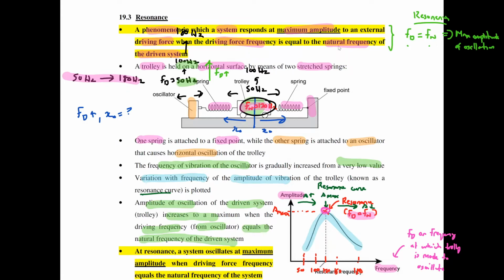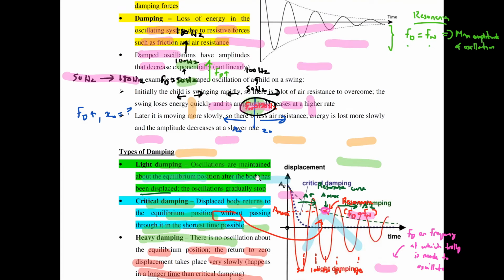Increases to a maximum refers to this part here. So at resonance, the system oscillates at maximum amplitude when the driving force frequency equals the natural frequency of your system. That's the main thing to note.